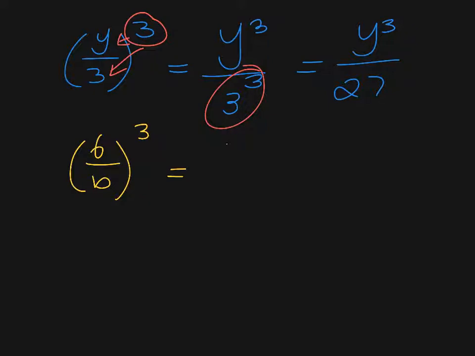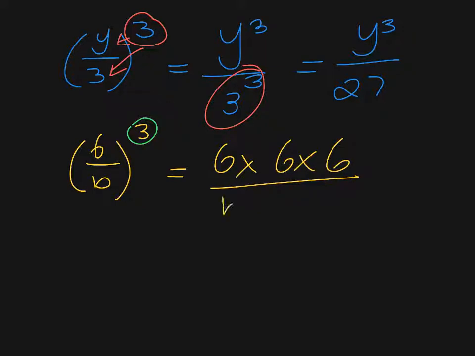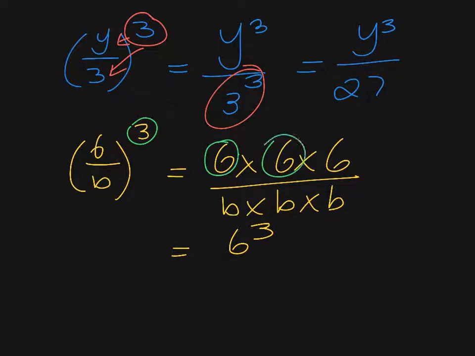So here we would have 6 by 6 by 6, because we have it 3 times, over b times b times b. To simplify it, it would be 6 to the power of 3, because we have 1, 2, 3, over b to the power of 3, because we have 1, 2, and 3.